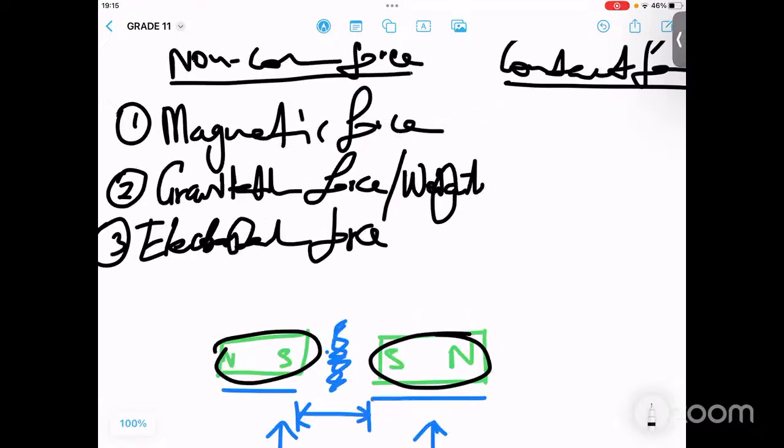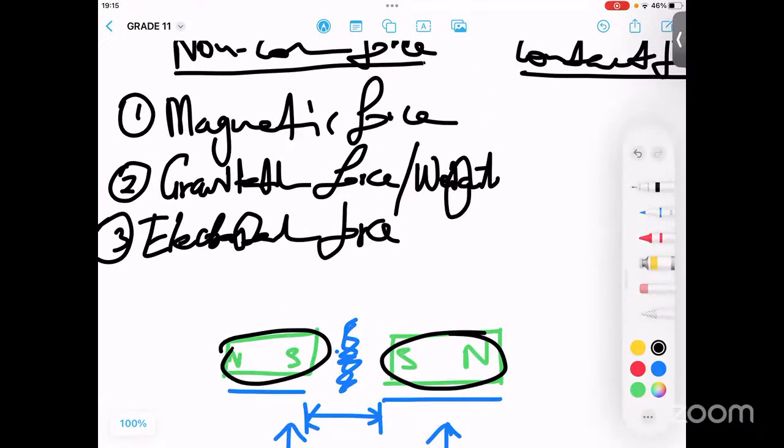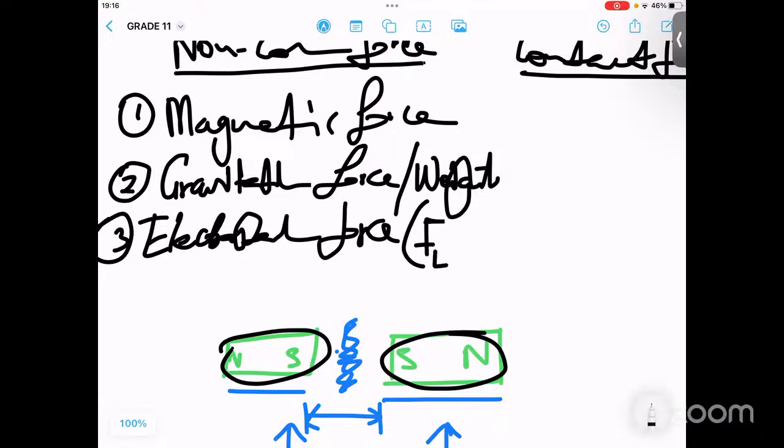Okay, so how can we represent an electrostatic force in a short format? We usually represent electrostatic force as Fe. The E stands for electrostatic, and the big F for force. Then when it comes to this one, we can say Fg. The G for gravitational, and then big F for force.